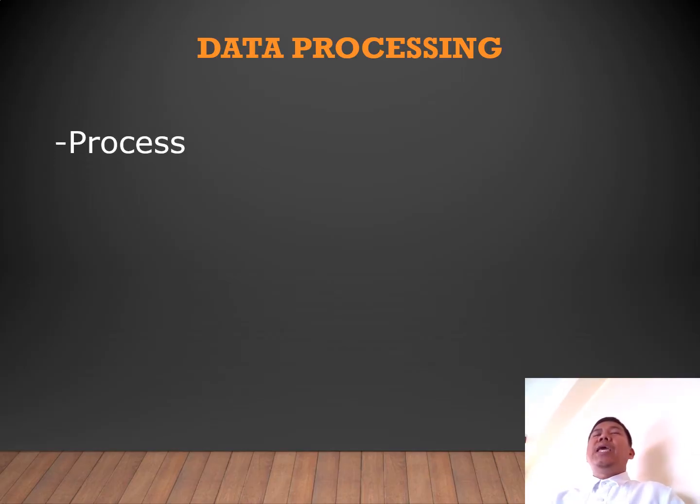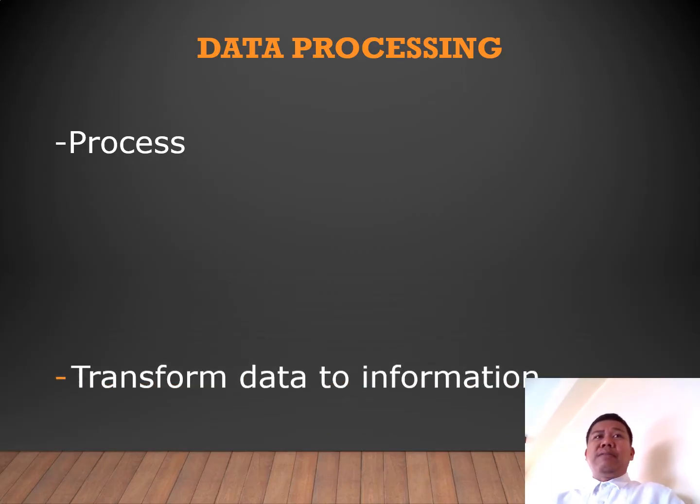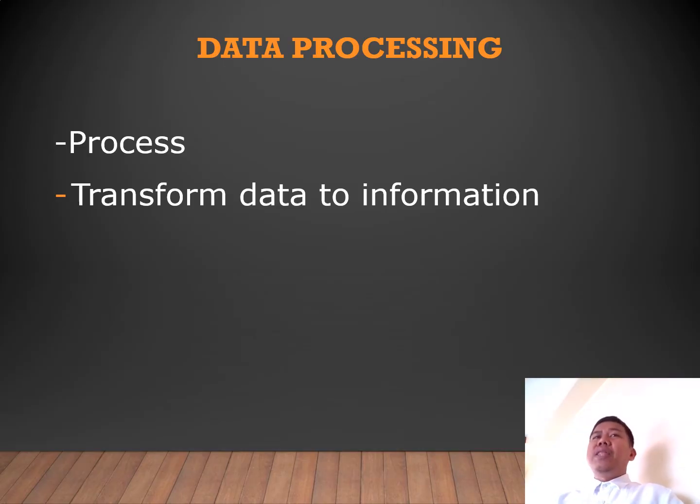When you type in a computer, for example, anything, a letter, a number, a word, a paragraph, the computer usually processes it. So that's what we call data processing. Data processing involves a process. So it processes things that you do in the computer. It also transforms data into information, because the data that you input will be completed and will become information which you can classify.